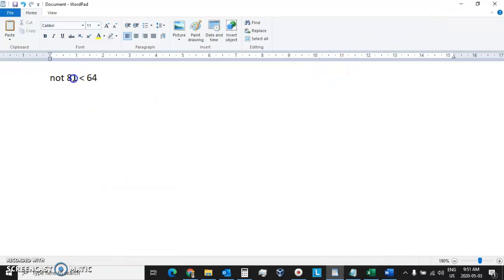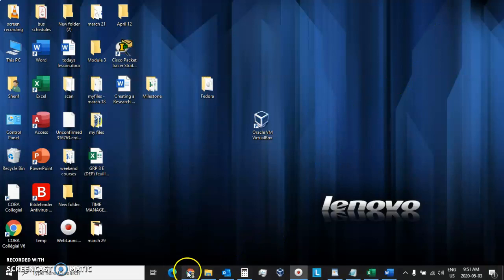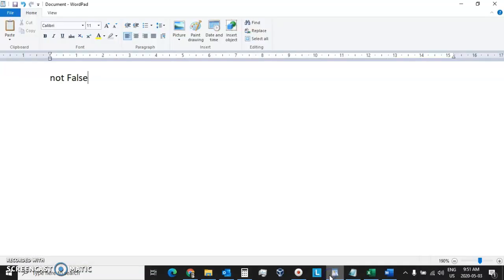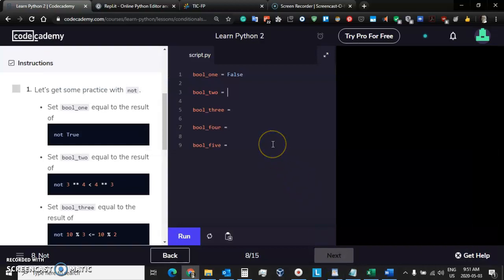So 81 is less than 64. I think that's false, and not false is true. So the final result for the second variable is true. So we'll enter true in there.